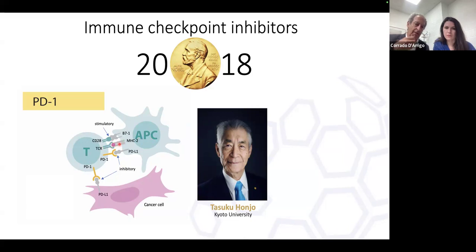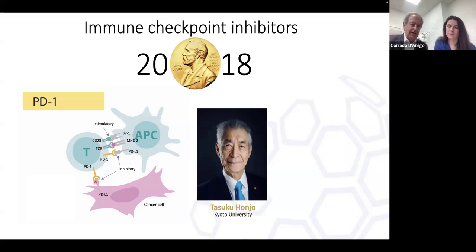So the antigen presenting cell presents the antigen to the T cell, it recognizes it, and then there are second messages. Without the second message, nothing happens. And there are inhibitory messages, that's the PD-1, PD-L1 axis, not exclusively. This is one of the inhibitory axes, and the stimulatory axis, in this case, is B7-1 and CD28.